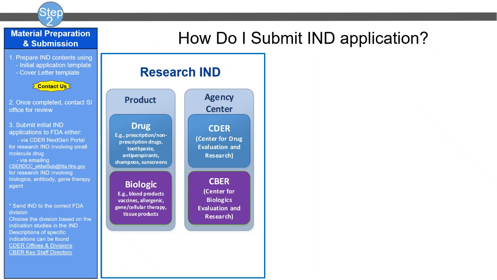As you all know, the IND application can be directed to one of the two agency centers, the Center for Drug Evaluation and Research, that is CDER, and Center for Biologics Evaluation and Research, that is CBER. Each center processes different categories of agents as covered in our previous talk.